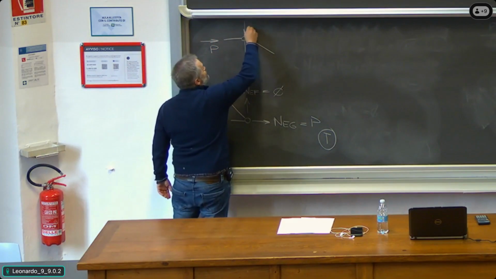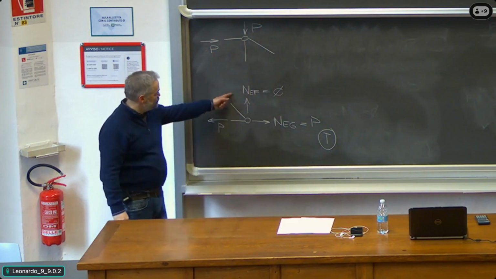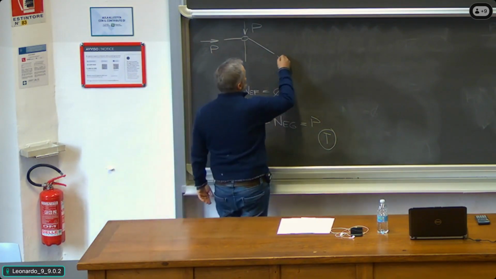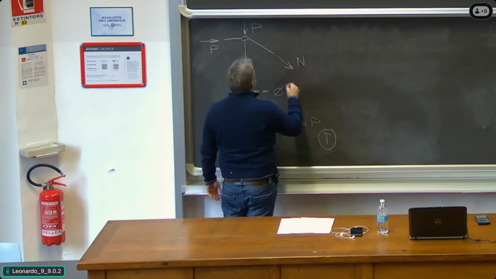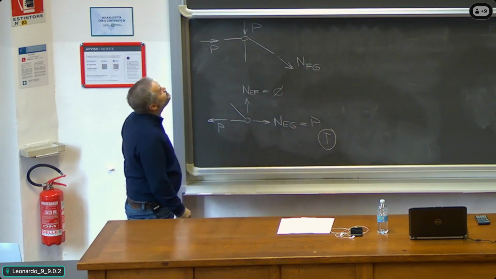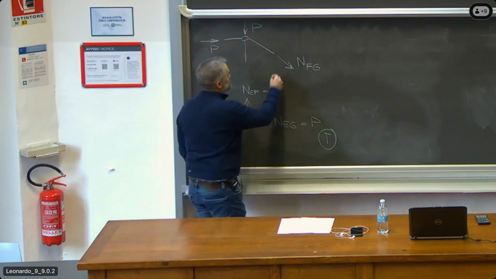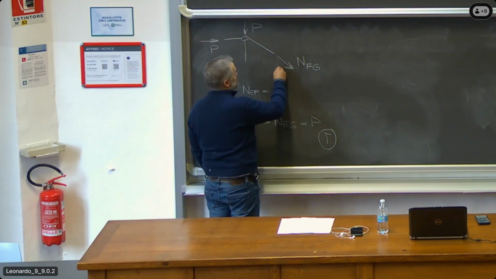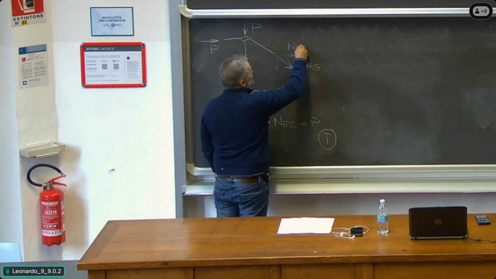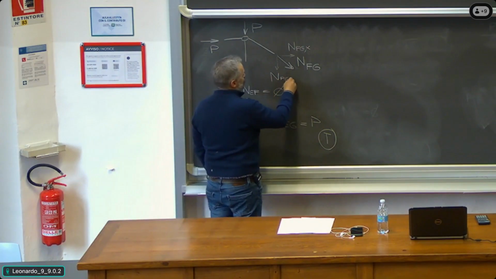We have a load applied, which is P. Nothing from the vertical member we just calculated, EF, and the diagonal force, which I assume to be tension, and this is called NFG. Okay? Again, we mark the two components, NFGX and NFGY.